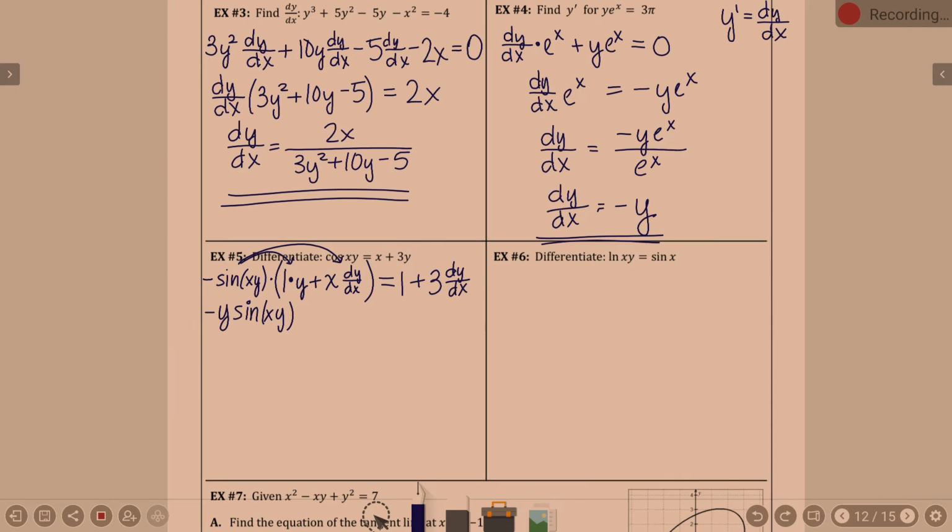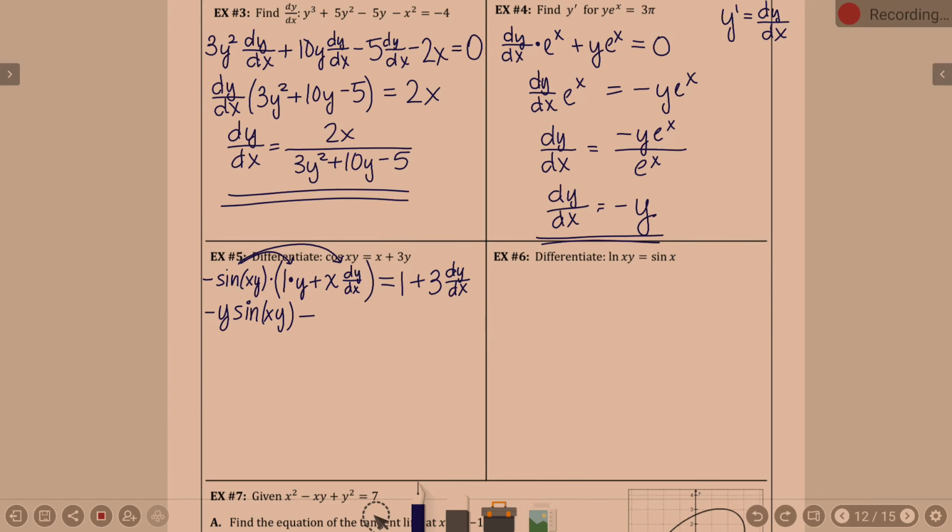Then it's going to be minus times plus, so minus sine xy times x times dy dx. Minus x sine xy dy dx.